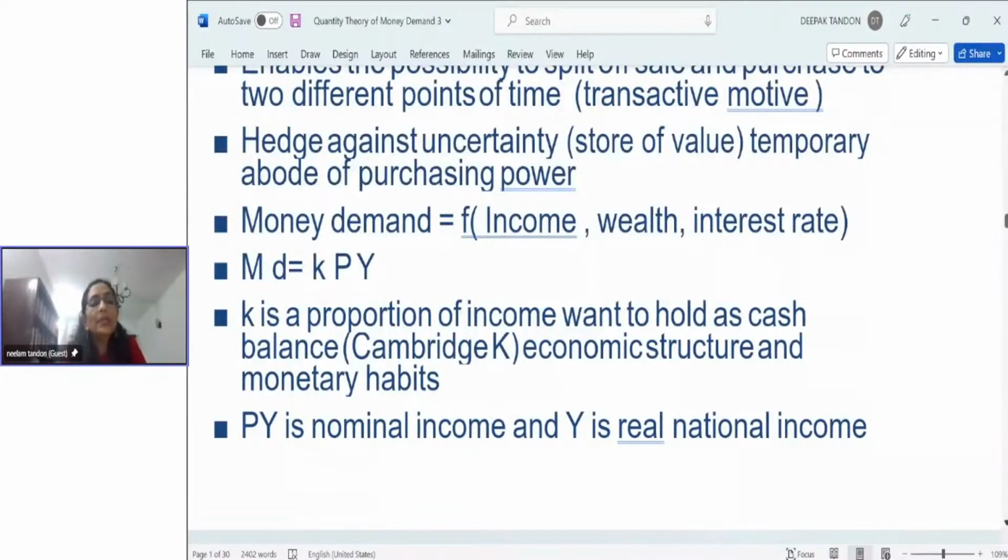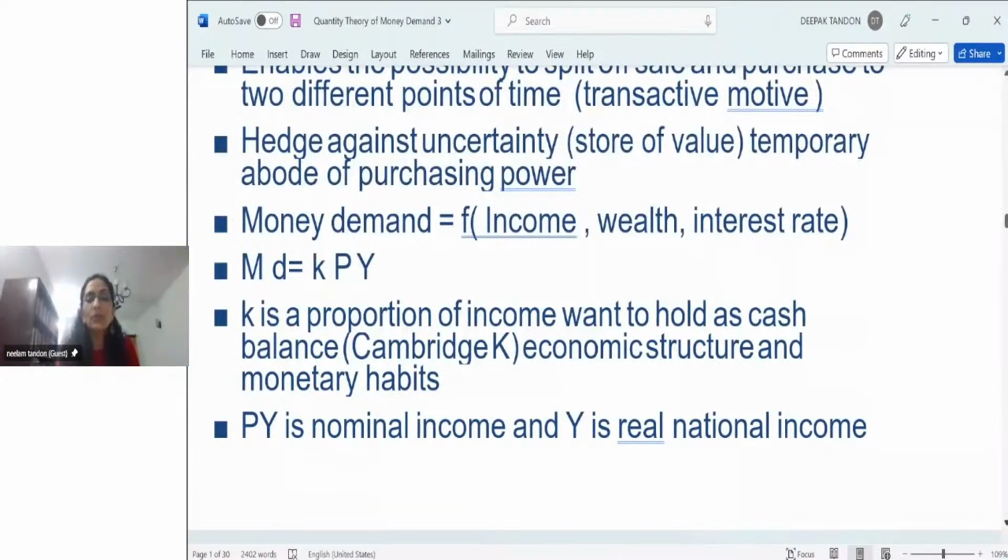Okay. So PY is a nominal income. Why do we say PY is a nominal income? Because we know P is the price level and Y is the income. You have studied in national income accounting, nominal income and real income. Nominal income is, if the price level goes up and you multiply it with the income, the figure you get is higher, but actually the purchasing power is less.